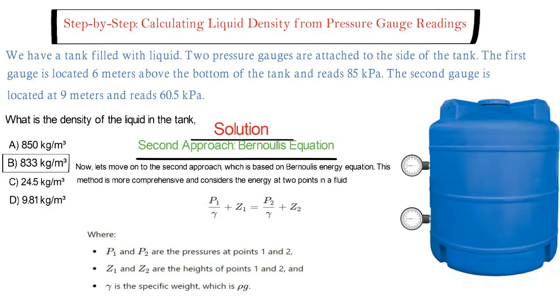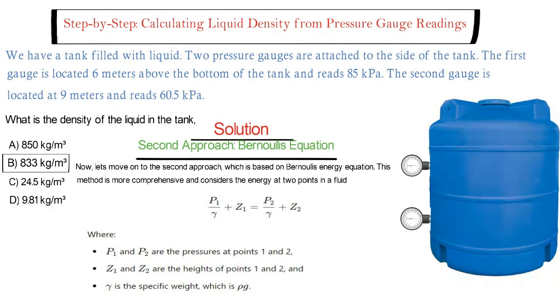P1 and P2 are the pressure at point 1 and point 2, and Z1 and Z2 are the heights of point 1 and point 2, and gamma is the specific weight, which is the weight per unit volume of the liquid, which is rho g. Rho is mass per unit volume multiplied by g, the gravitational acceleration, which gives you the weight per unit volume.